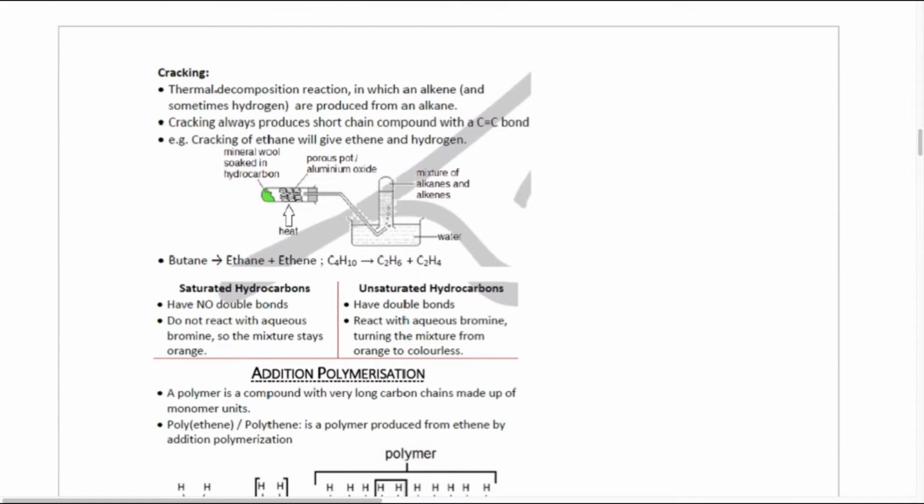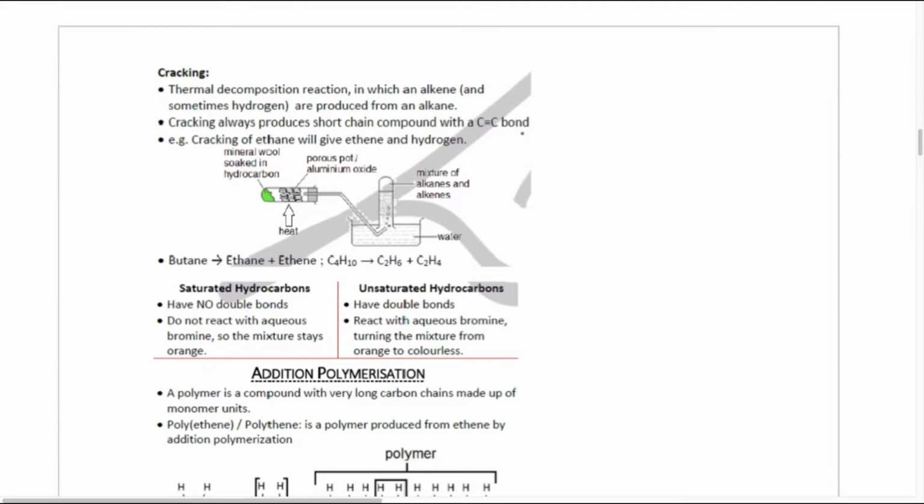Cracking. So cracking is the thermal decomposition reaction in which an alkene and sometimes hydrogen are produced from an alkane. So the one that I explained just now. A long chain alkane breaks down into alkene and alkane, but they are short chain. Cracking always produces short chain compounds with a CC double bond.